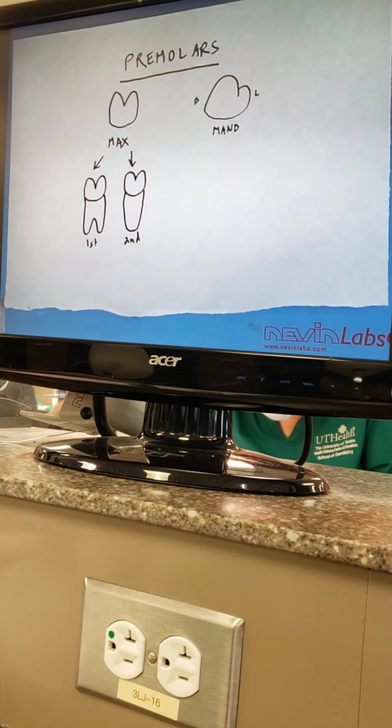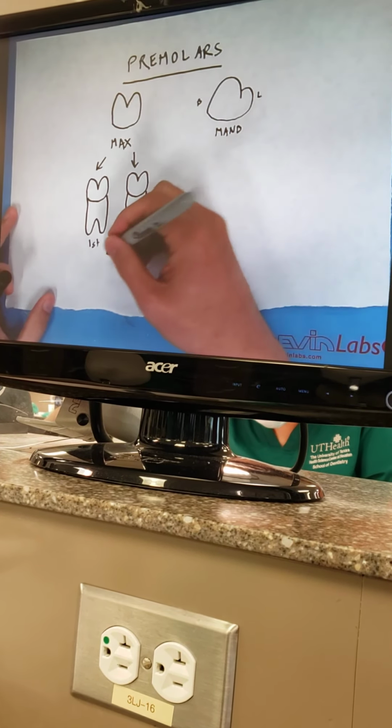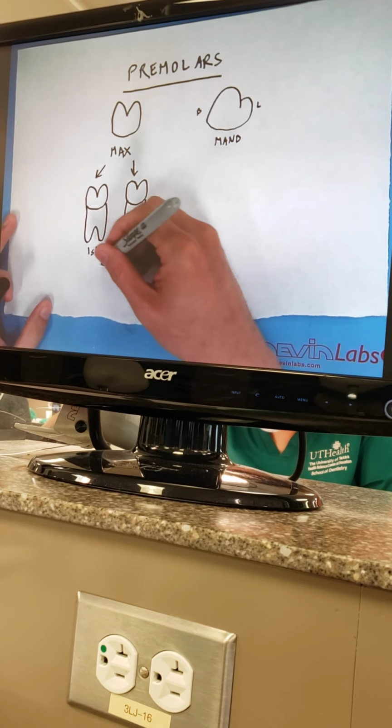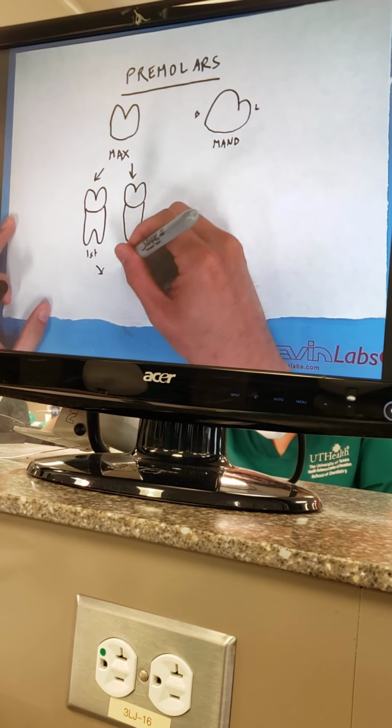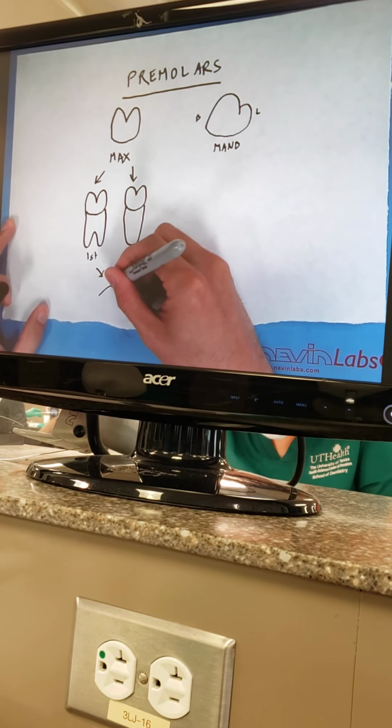So now once you have that, then it's telling left from right. From this, you're going to go back to the occlusal view.